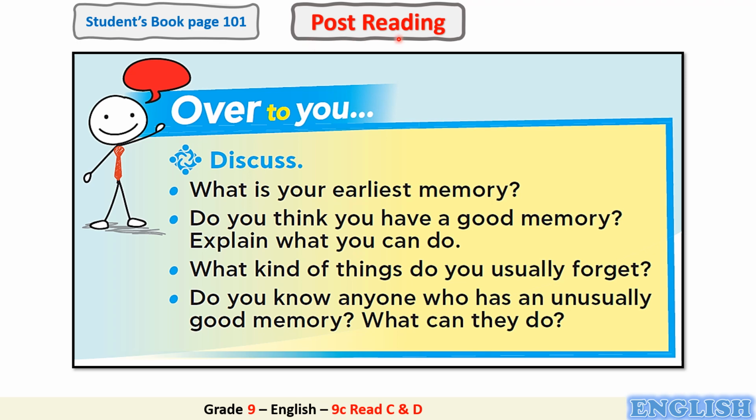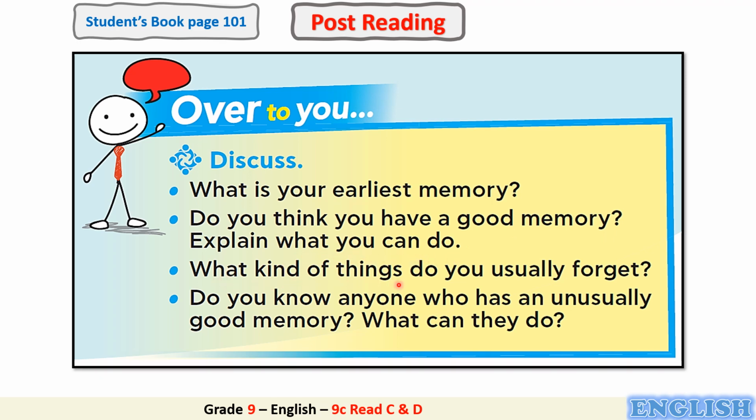This is a post-reading activity in the student's book, page 101. Over to you. Discuss. What is your earliest memory? Do you think you have a good memory? Explain what you can do.